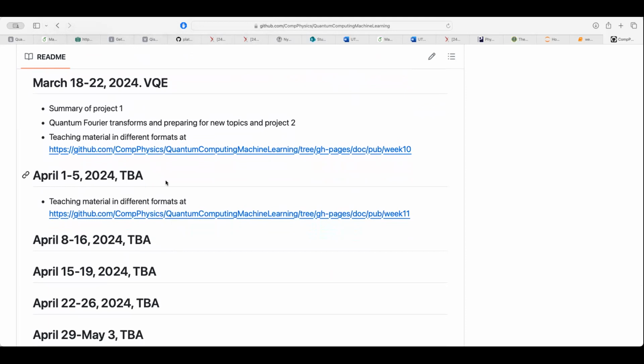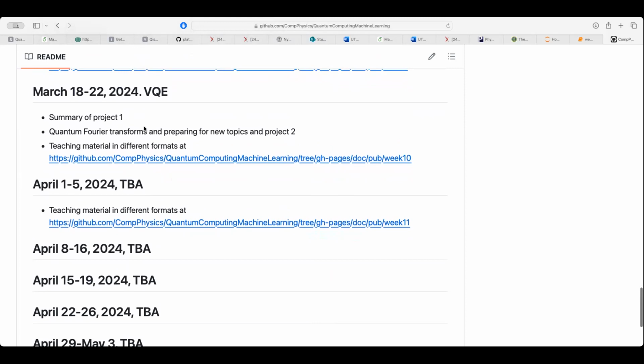So please, if you have something you would like to study or you would like us to discuss in the lectures, let me know. One of the topics which we haven't discussed much is quantum Fourier transforms, because they play a central role in many of the algorithms. So the focus now, before the Easter break, has been calculating eigenvalues of quantum mechanical systems. That's just one of the many applications.